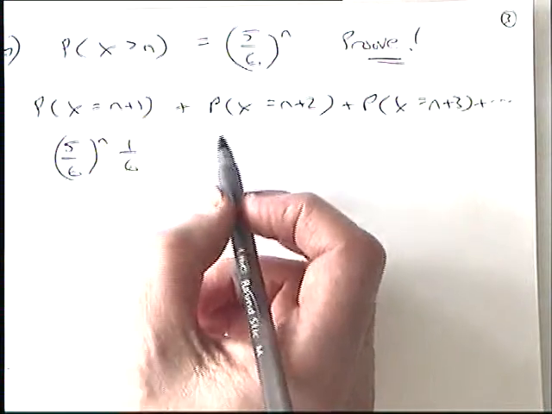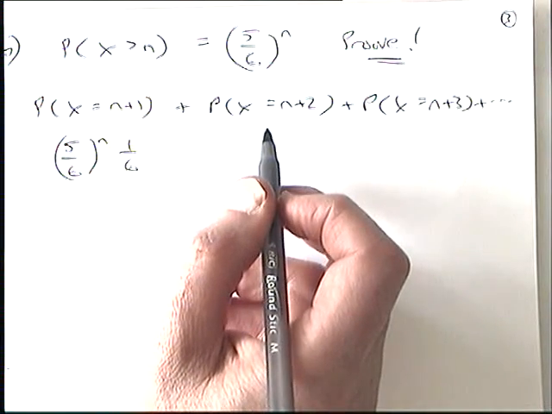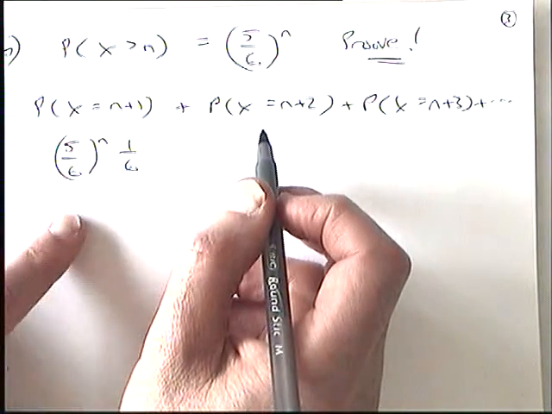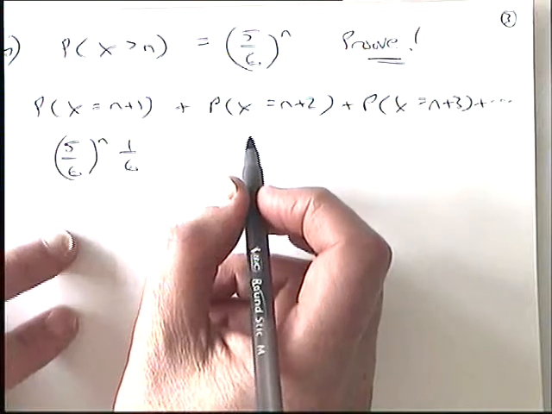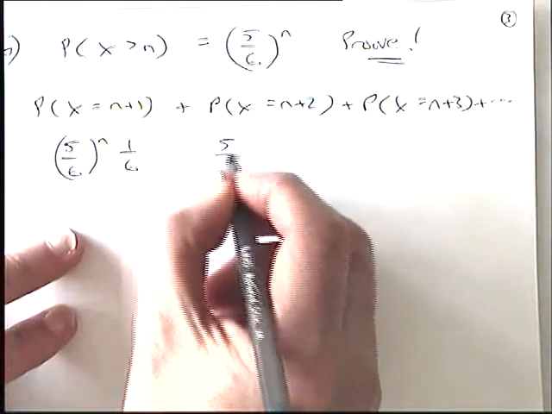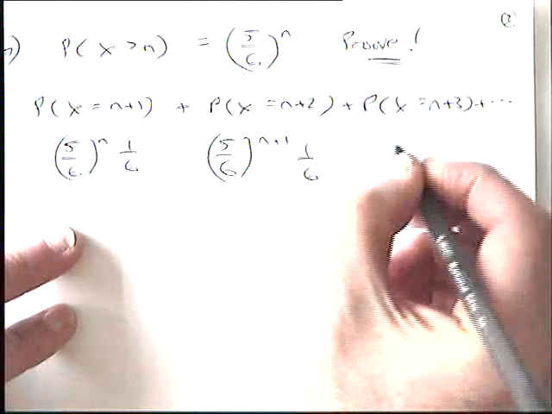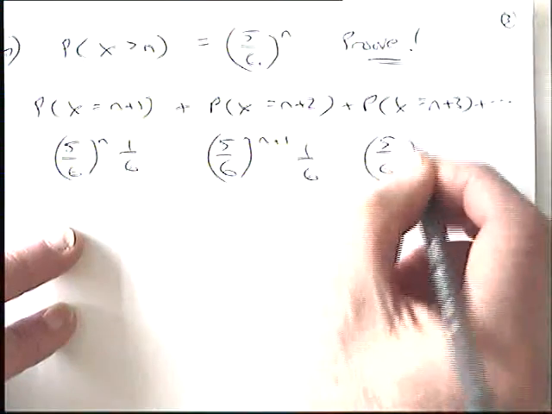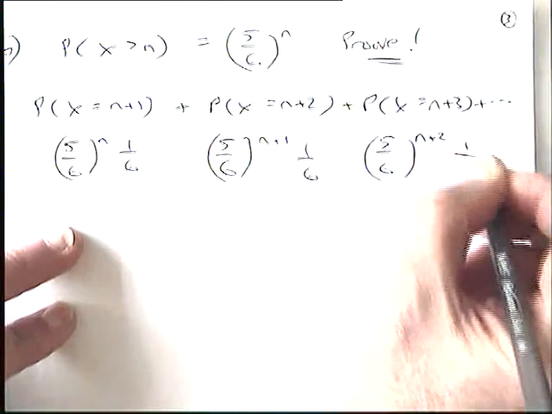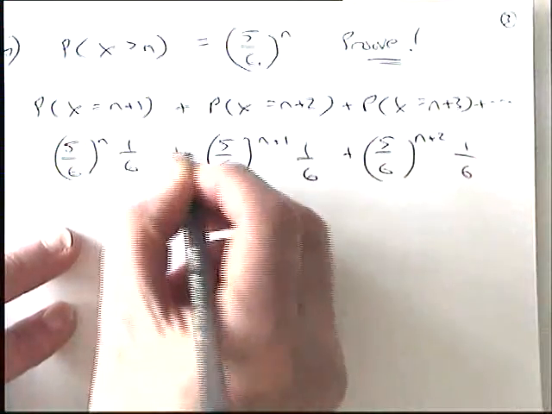Having our first success on our n plus second go, it'll be very much like this one but slightly different: 5/6 to n plus 1 times 1/6. And then over here, it'll be your 5/6 to the n plus 2 times 1/6.